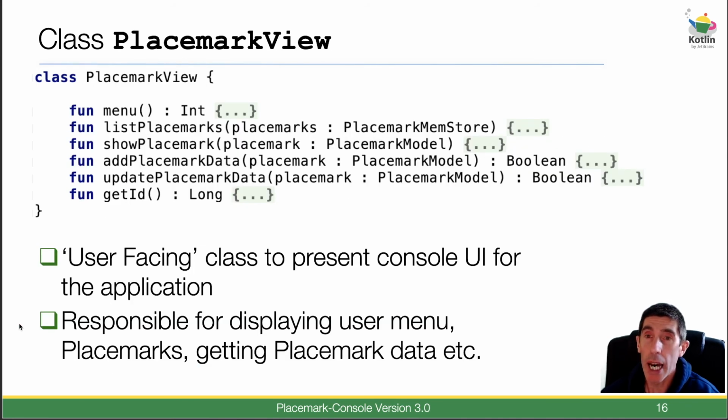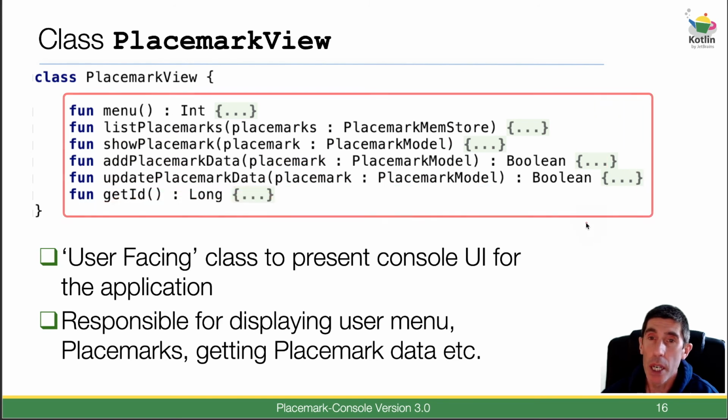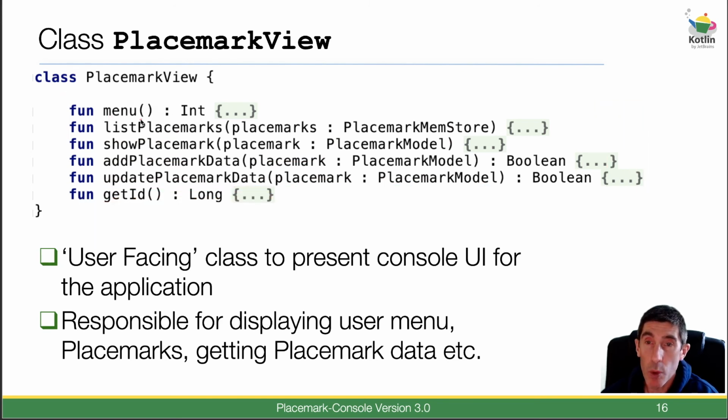If we now look at the placemark view, which I sometimes refer to as the user facing or front facing class, we have a number of functions inside it. There they are listed. We have our menu, which will display the menu to the user. We have a function called list placemarks, which will list the placemarks.